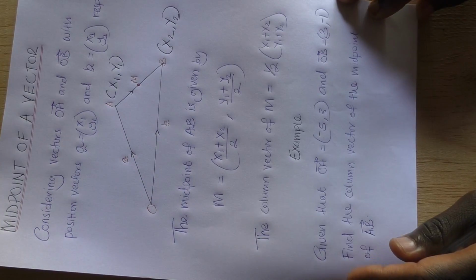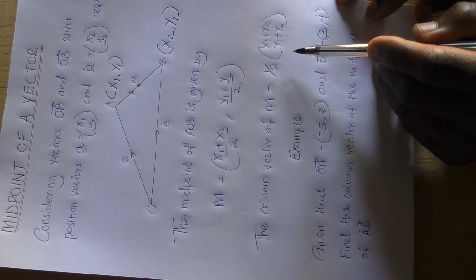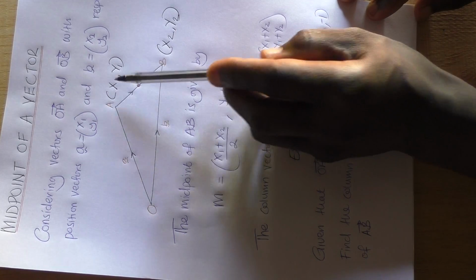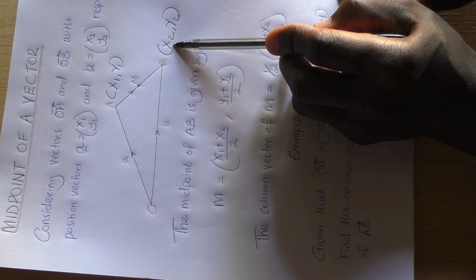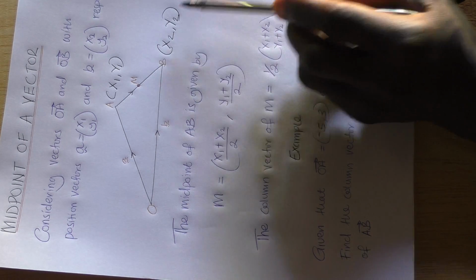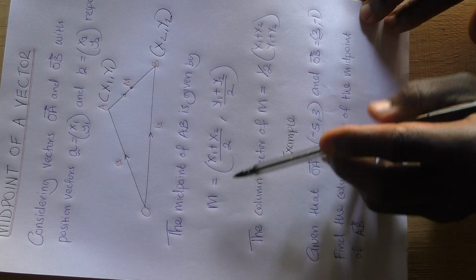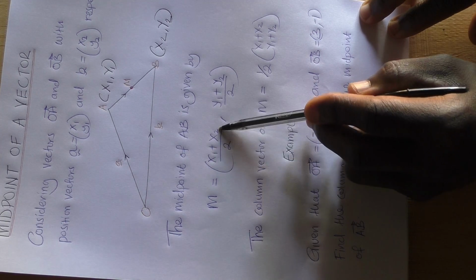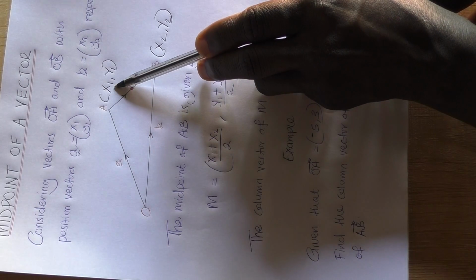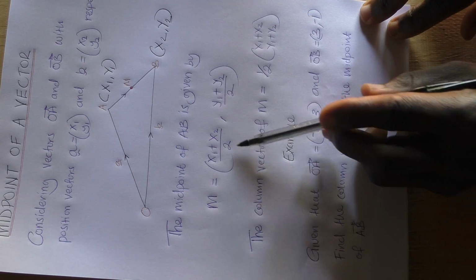So, to get the midpoint M of AB, we add the corresponding x components divided by 2 and y components divided by 2. That is, the midpoint M is given by x1 plus x2, where x1 is for A, x2 is for B, then divide by 2.